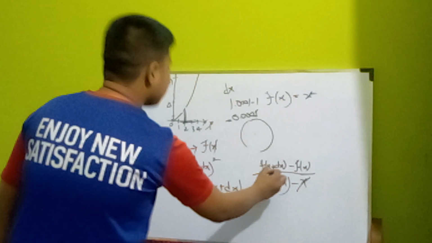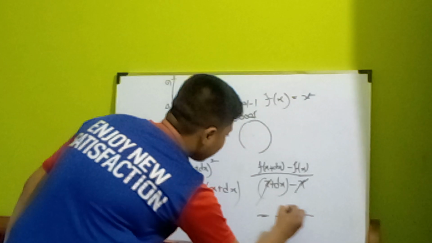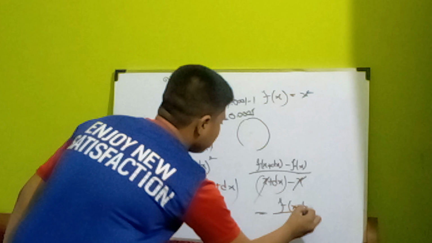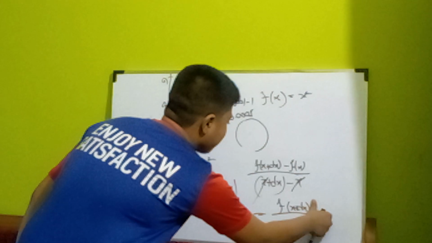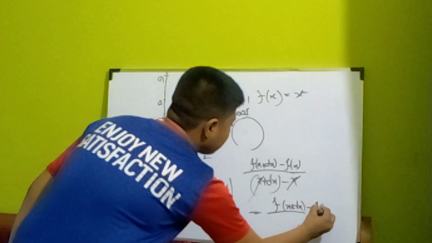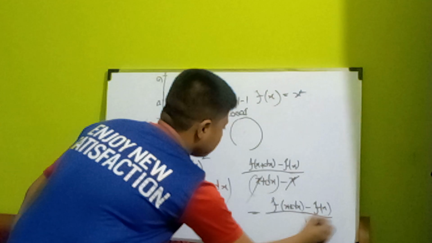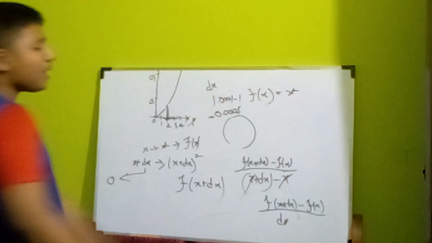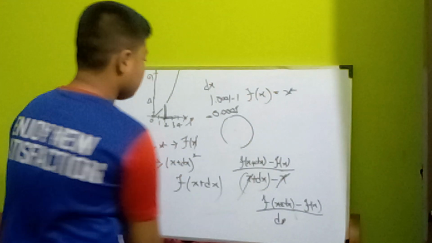This positive x, negative x gets cancelled out, and f of x plus dx minus f of x divided by dx. This is what we call the fundamental theorem of calculus.